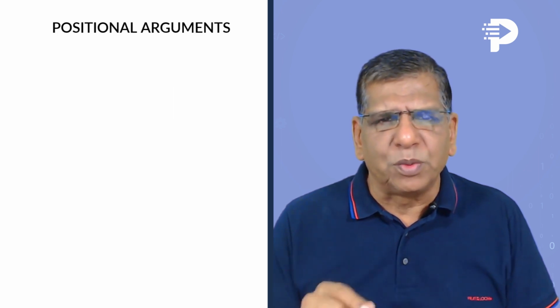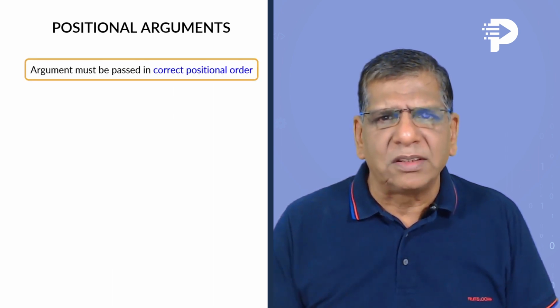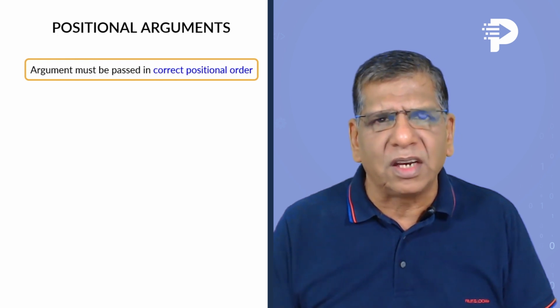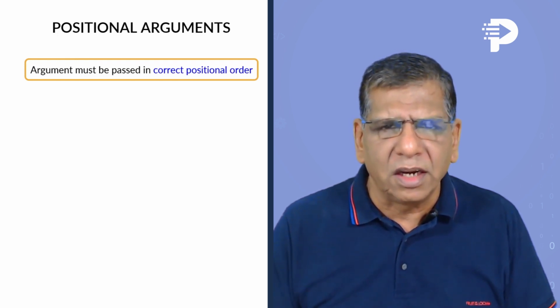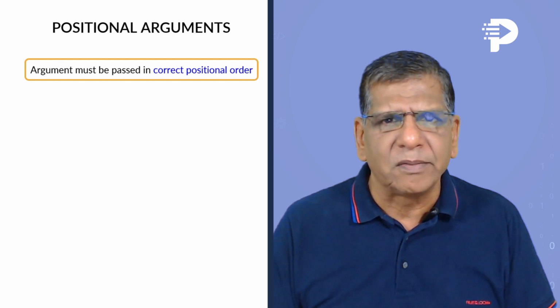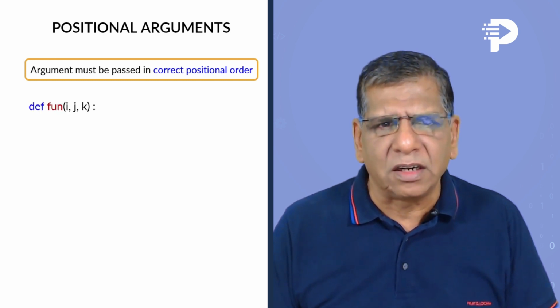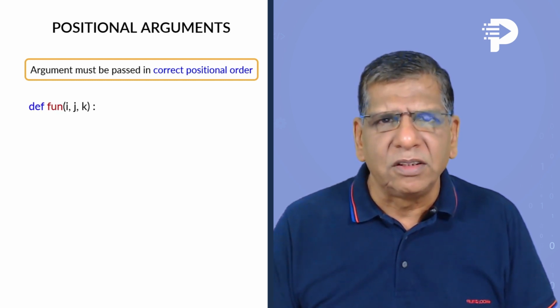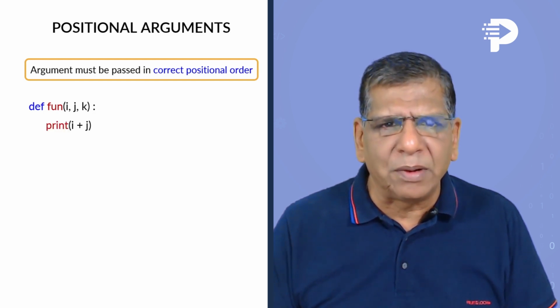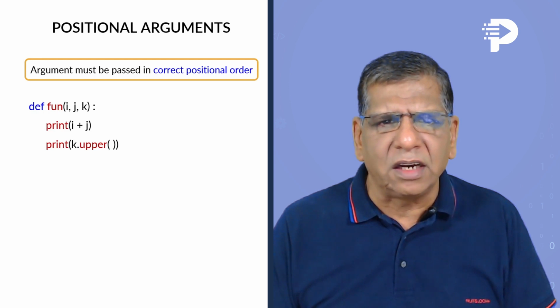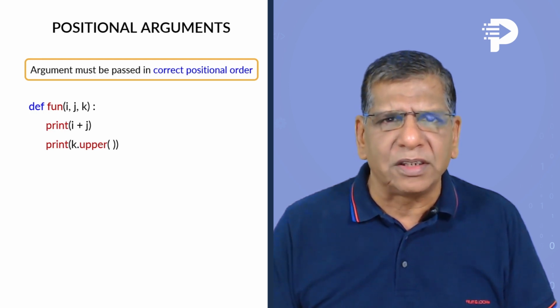As the name suggests, positional arguments means arguments have to be passed in correct positional order. Let me give you an example of this. Suppose we have a function fun which receives i, j, k, then prints out the value of i plus j, and k it converts to uppercase and then prints it out.